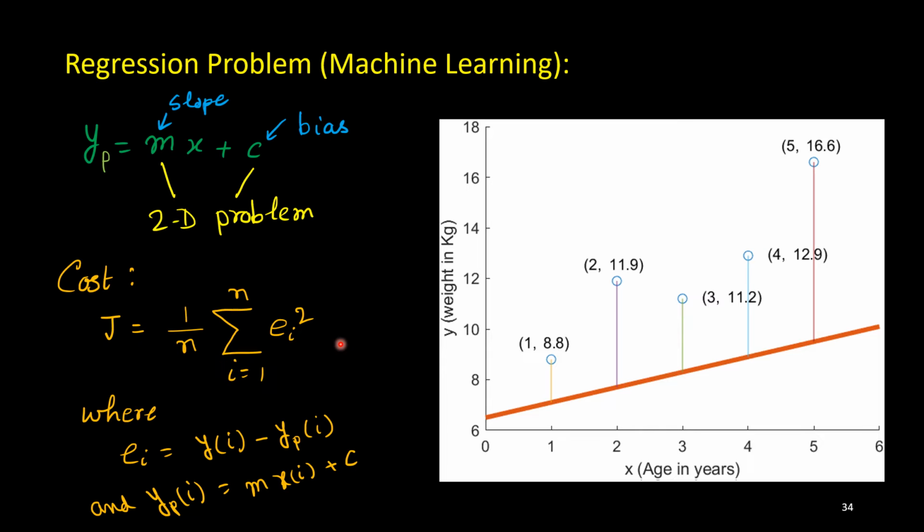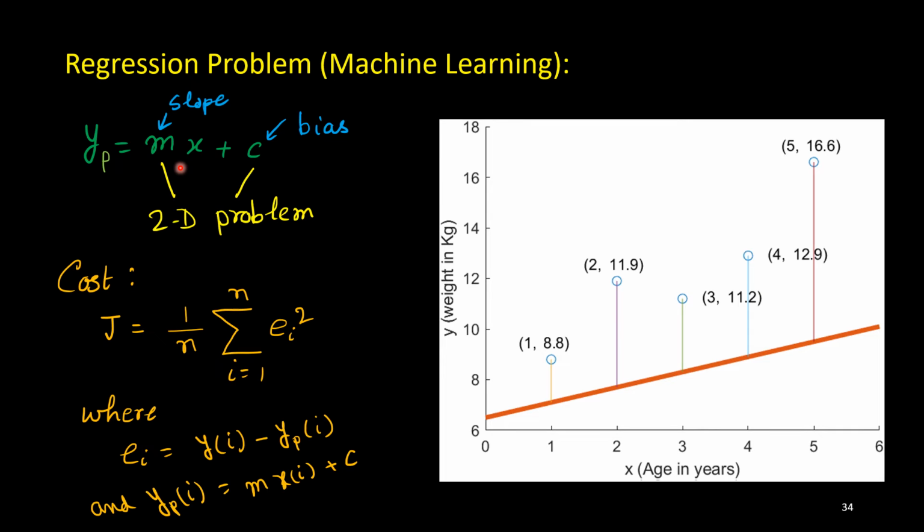So we try to minimize the mean square error, where this error E_i is y_i, the actual data value at the ith input, minus the predicted one, yp_i. So that difference is your E_i. This is E_1, this is E_2, E_3, E_4, and E_5, this length. And this is your predicted one. So our objective is to minimize this mean square error.